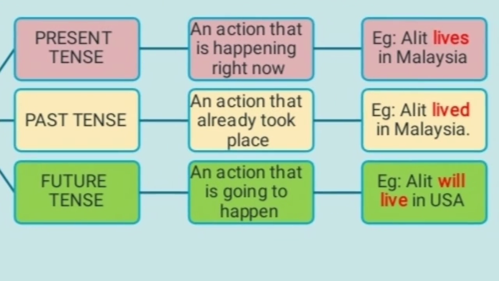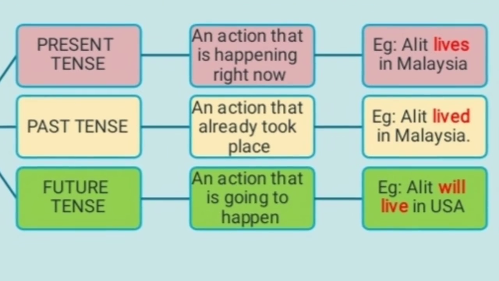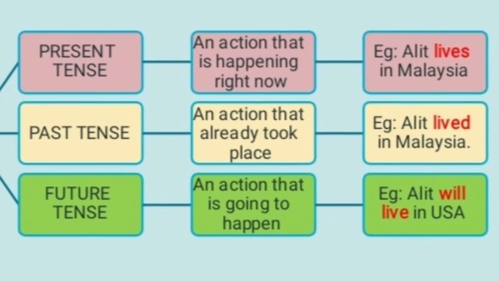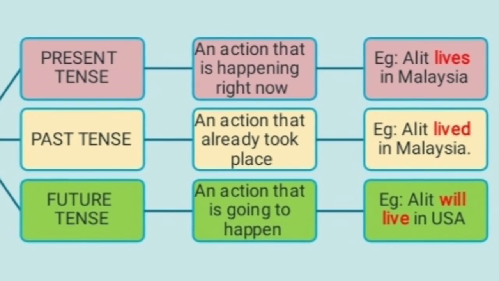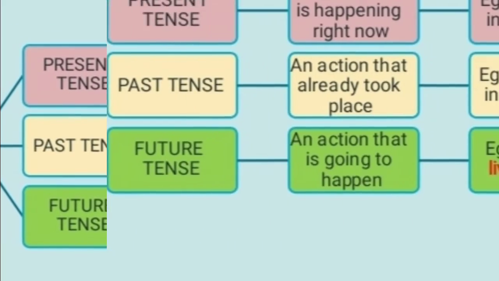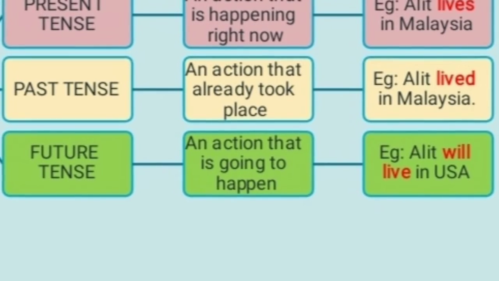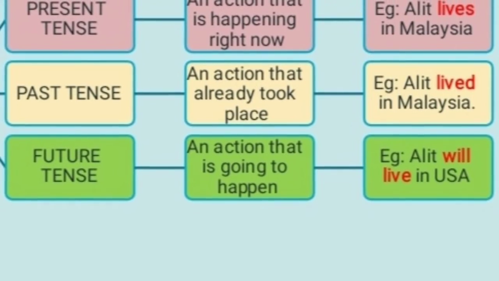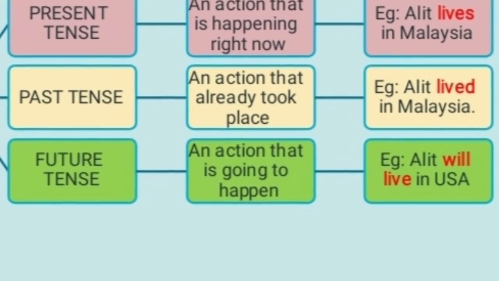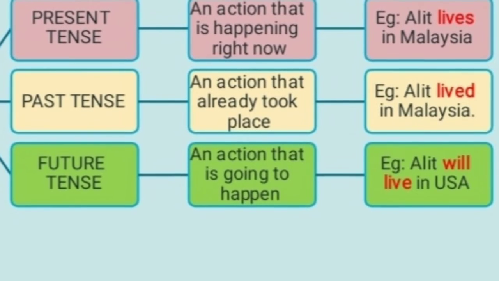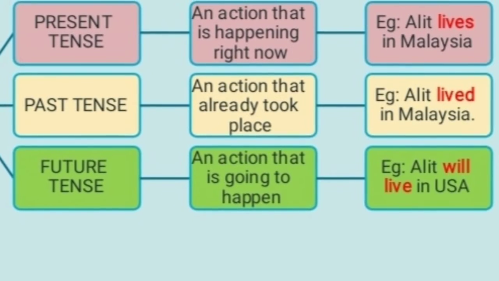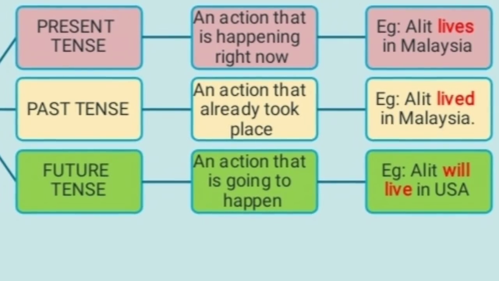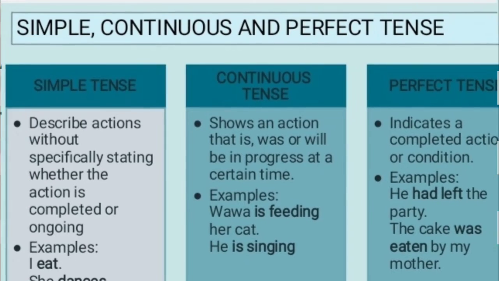Second is past tense, which is an action that already took place, already happened. For instance, Adlit lived in Malaysia. And lastly, future tense is an action that is going to happen. For instance, Adlit will live in United States of America.